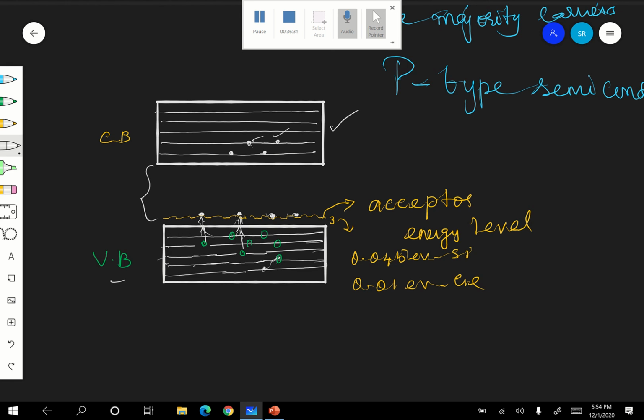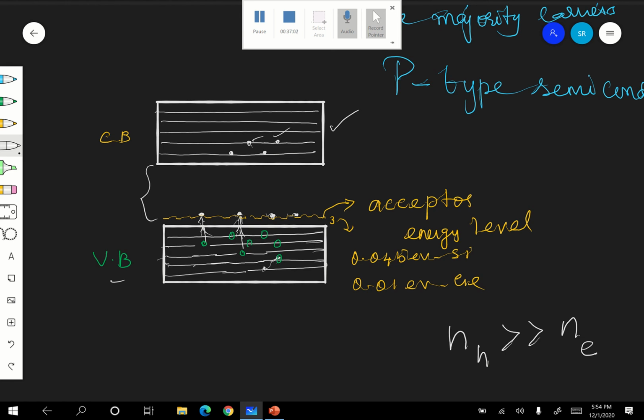Is it clear? Right. Now what do you say about the Fermi energy level? Here the number of holes is very much larger than the number of electrons. Therefore the total energy of holes will be more than that of electrons in the conduction band. Holes in the valence band are dominant, so the conductivity is dominated by the positively charged holes.